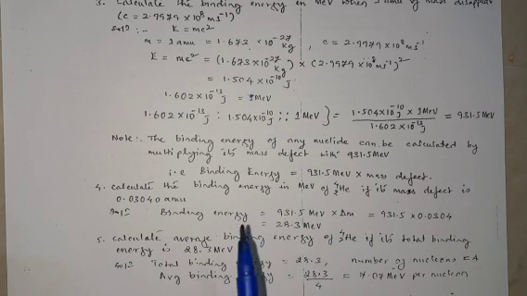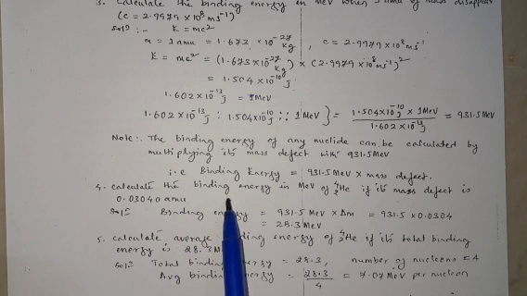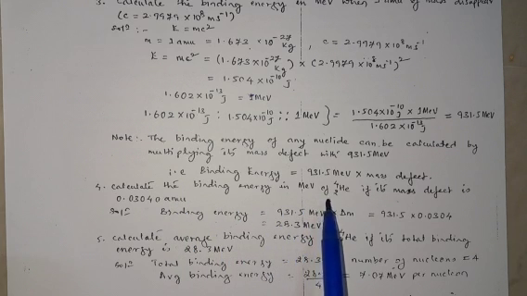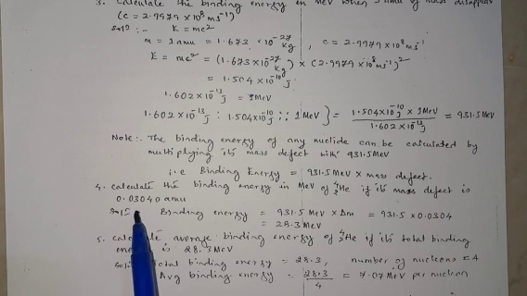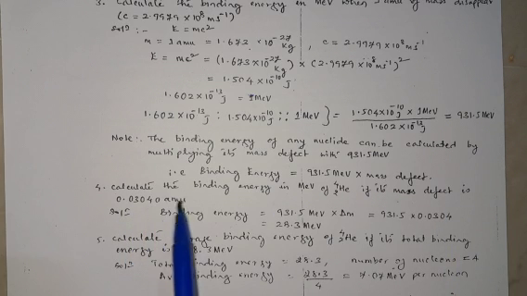Let us consider an example. Calculate the binding energy in MeV of the helium atom if its mass defect is 0.03040 AMU.